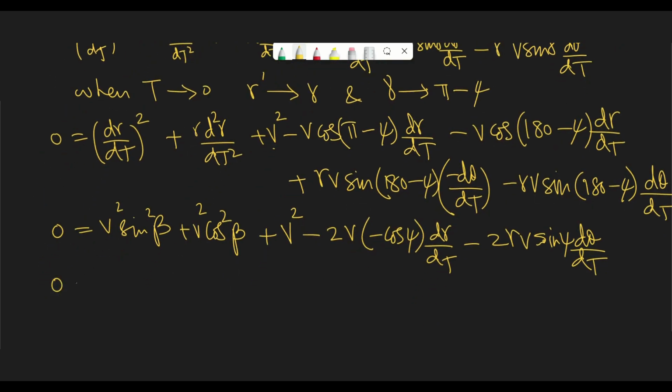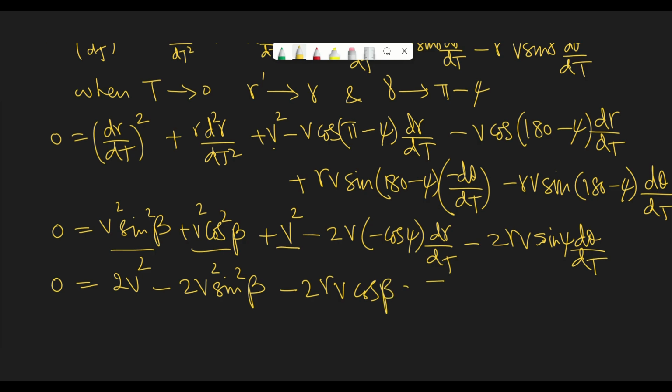Okay, we're pretty close. 0 is equal to 2V square. This plus this is 2V square V square sin square beta. dR over dt is V sin beta. And minus 2 R V cos theta d theta over dt.